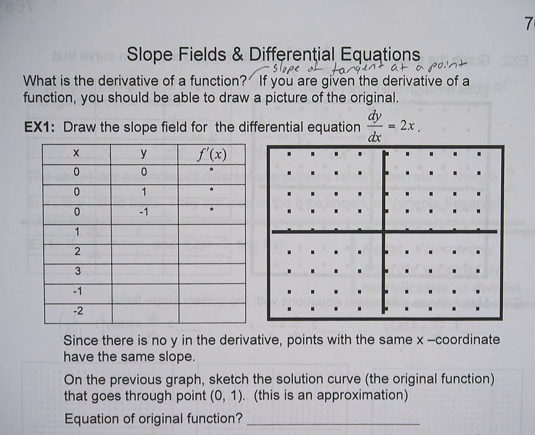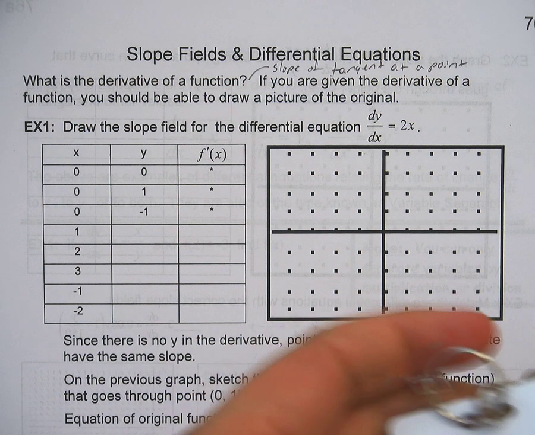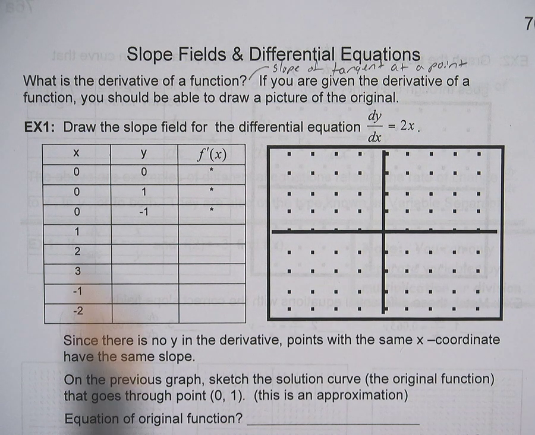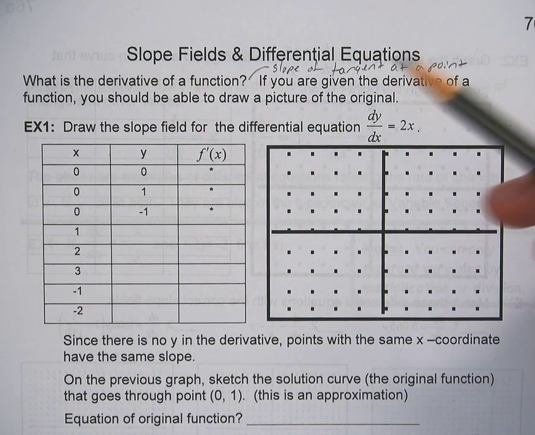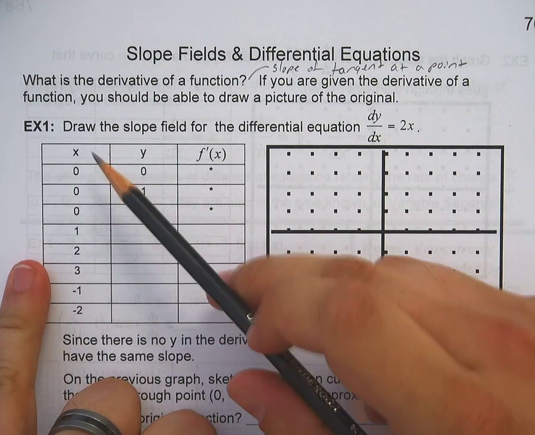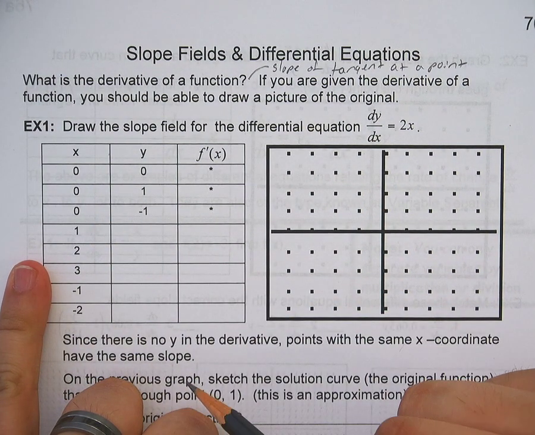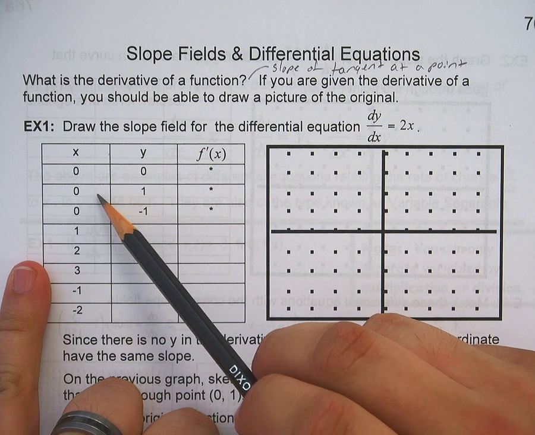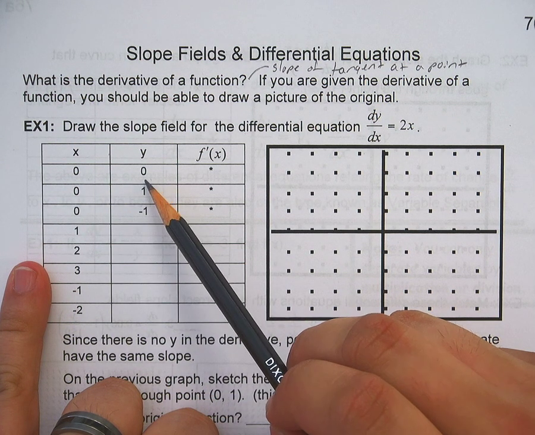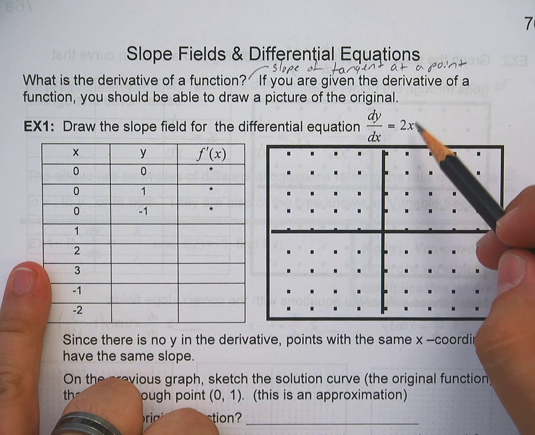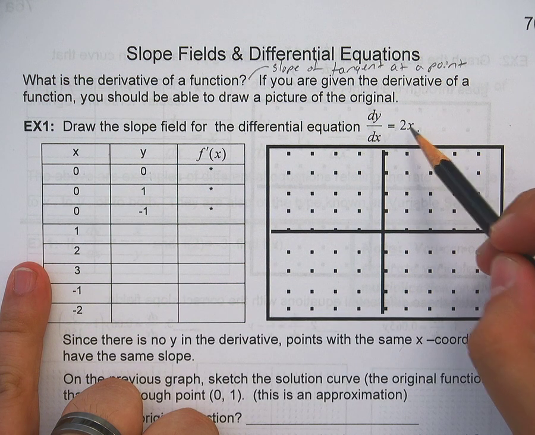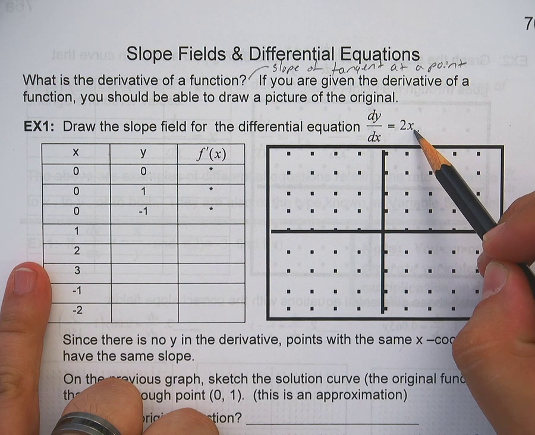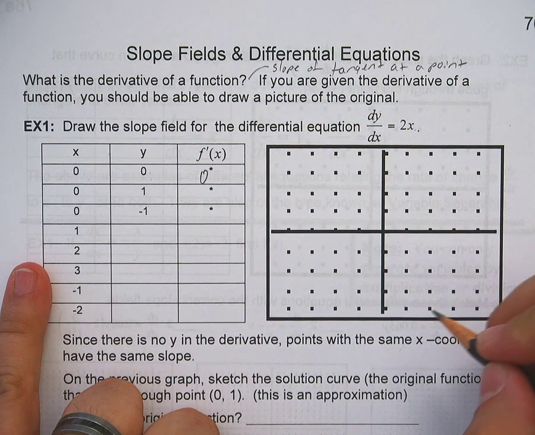So here's what we're going to do. I'm going to go through and figure out what the slope is at each one of these x values, all right? So I've got a point here, (0, 0). If you plug in the 0 for x here, you get 2 times 0, which is 0, right?